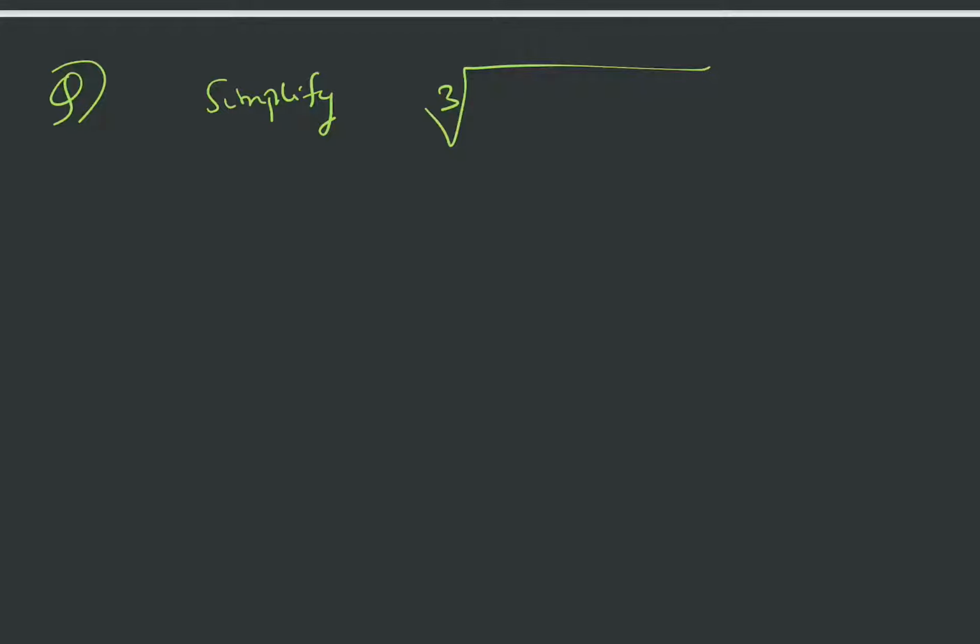Cube root 2 plus cube root 1, so I'll write it as... okay. So you need to simplify this. 3 plus 3 into cube root 4 plus 3 into cube root 2, right?